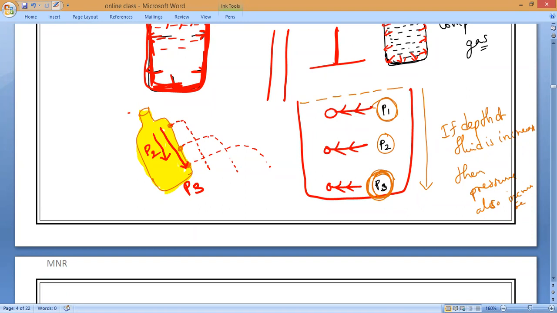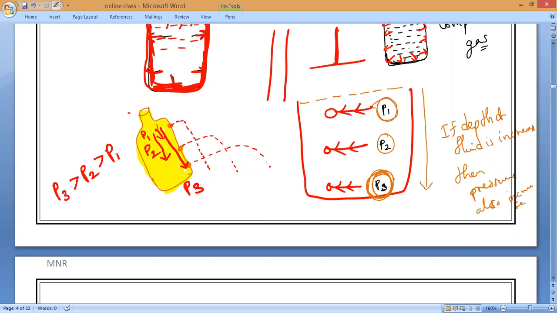Here the pressure is a little less, the depth from the top is a little less. And here the depth of the liquid is very small, so the pressure is very small. So I can say P3 is greater than P2, which is greater than P1. Is it okay, guys? Any doubt? All of you are clear? Yes, sir.